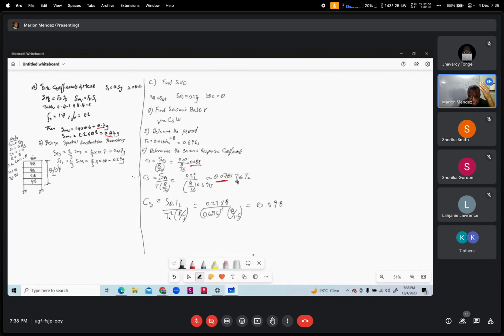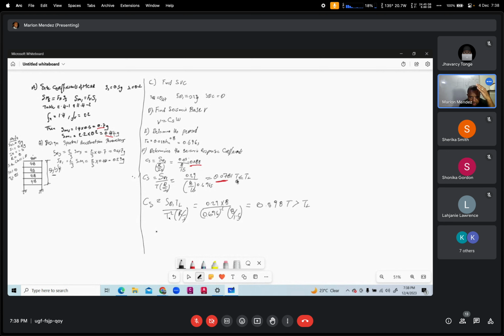So the minimum is used when T is greater than TL, right? So in essence, I could stop here, but let us check the minimum.